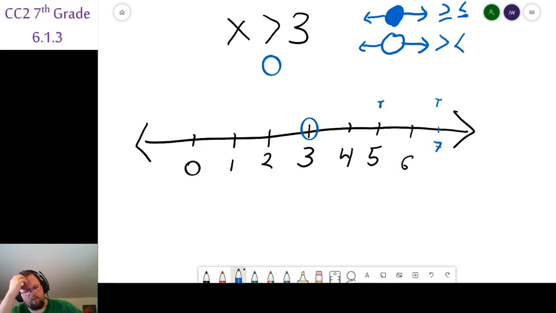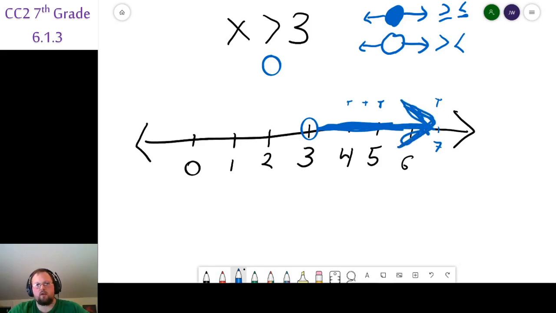And like 4 makes it true and 4.5 makes it true. So you draw an arrow from that circle into this region of the graph, and you're going to use that to indicate that all of my solutions are in this section of the graph. This is the section of the graph that makes it true.